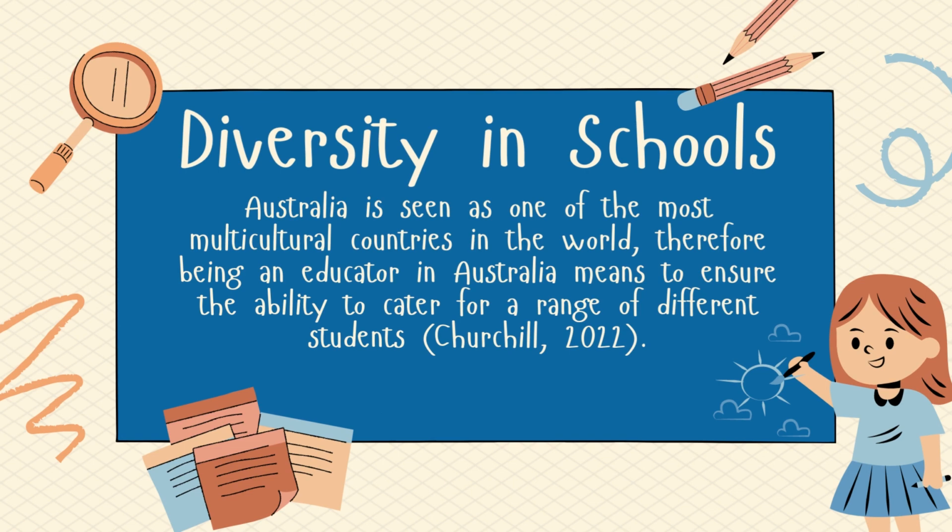Therefore, being an educator in Australia means to ensure the ability to cater for a range of different students. Though Indigenous knowledge has helped define Australia as a nation, educational disadvantages for diverse students are unfortunately prevalent in Australia, particularly in regards to Indigenous families and students.